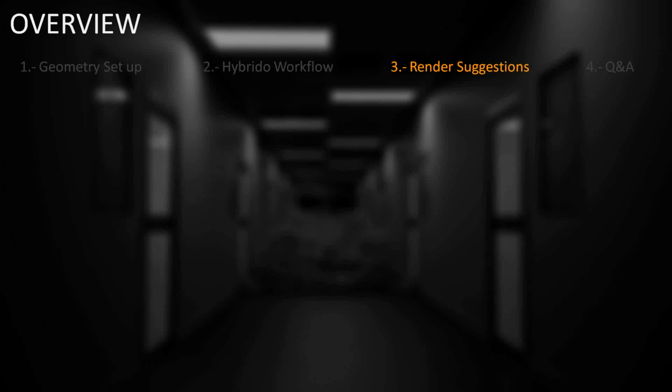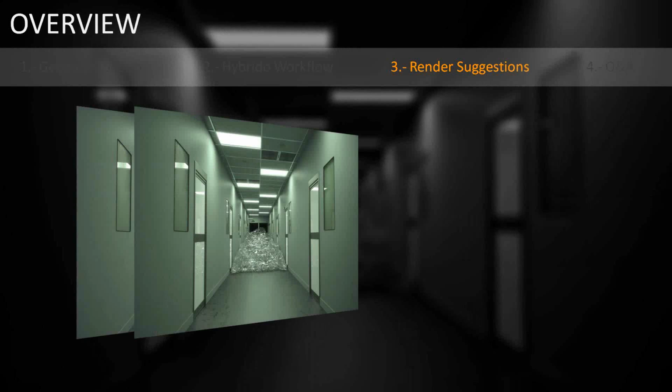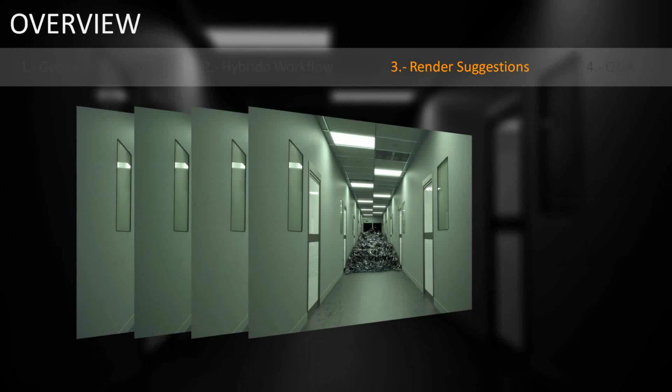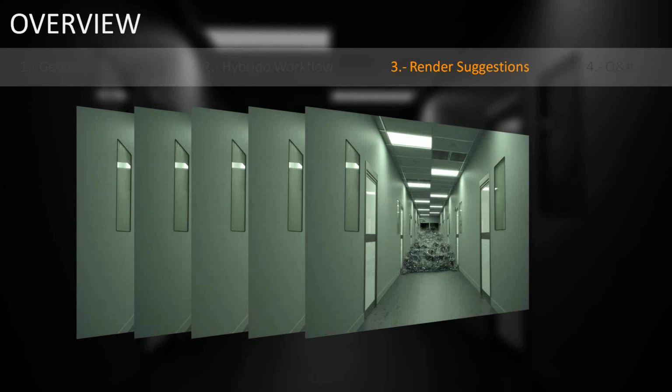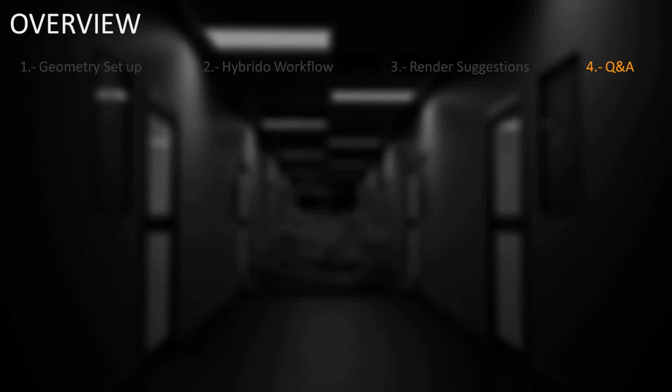And actually, we will get mostly focused on the simulation itself, but anyway, we will provide some rendering tips and suggestions as well in order to improve your RealFlow simulations. It's pretty much what we want to achieve, and hopefully we will end with a Q&A session.